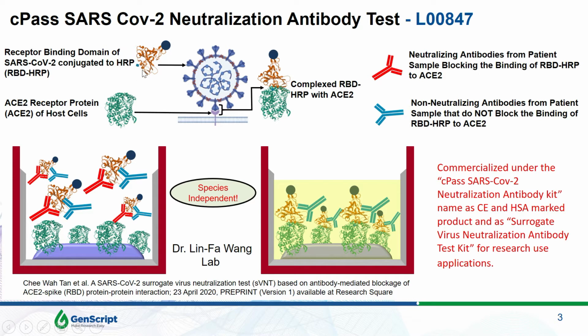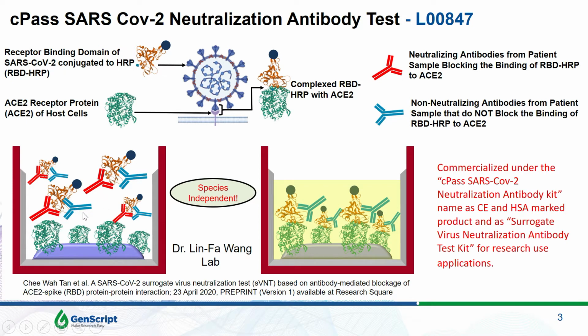By incubating samples with the receptor binding domain conjugated to HRP, if those samples contain protective neutralizing antibodies, denoted here in red, then they'll bind to the receptor binding domain in such a way that the receptor binding domain can no longer bind to the ACE2 receptor, in effect neutralizing the ability of the receptor binding domain to bind and form that tight complex.